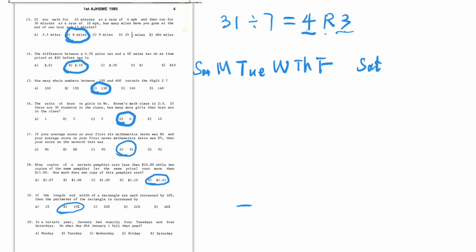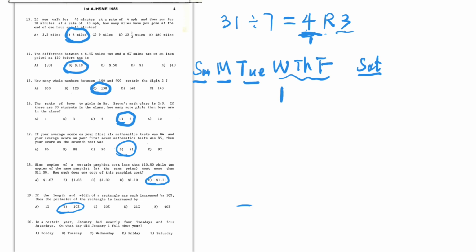So between the Tuesday and the Saturday is 3 days. Not this one. It should be Saturday, Sunday, Monday, Tuesday, 4 times. So Wednesday, Thursday, Friday, that's 5 times.